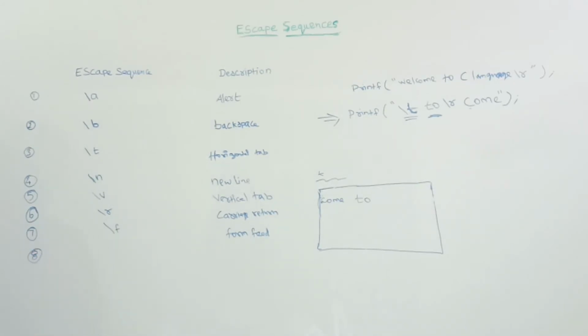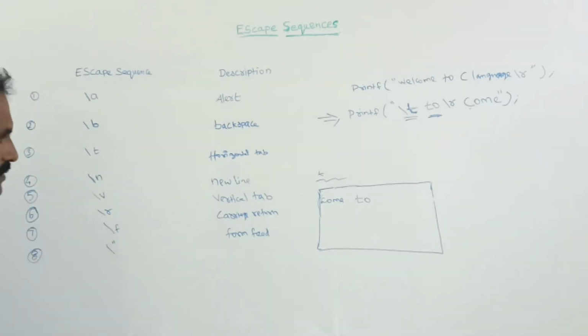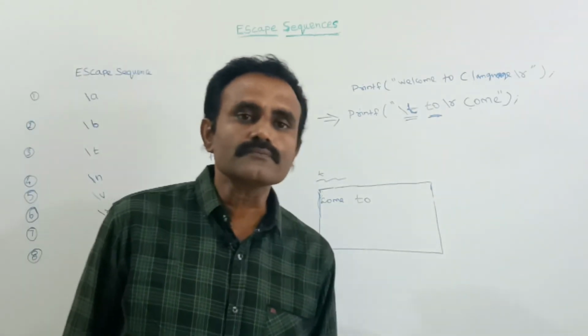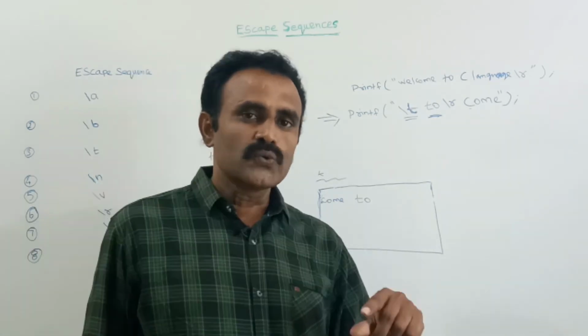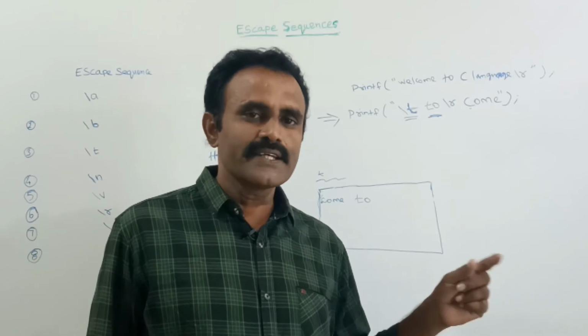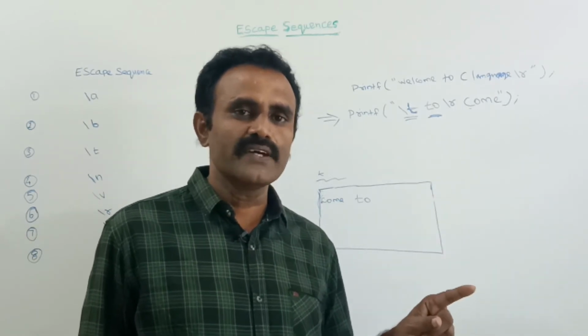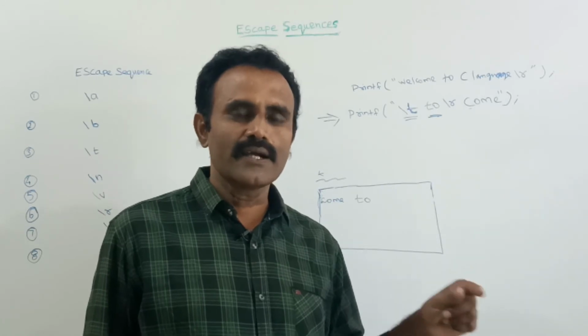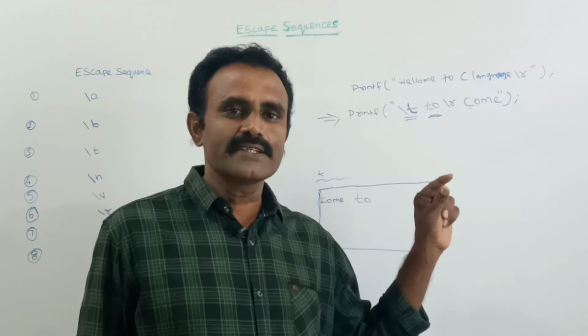Next one here, slash double quotes. The double quotes are used to determine the string inside the printf function. When we are running the program, the compiler at runtime checks the syntax.